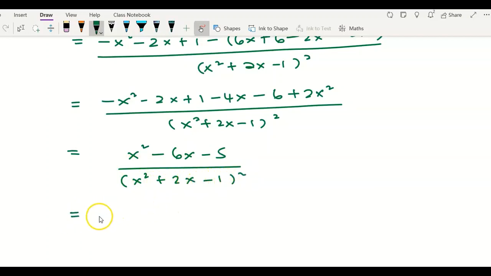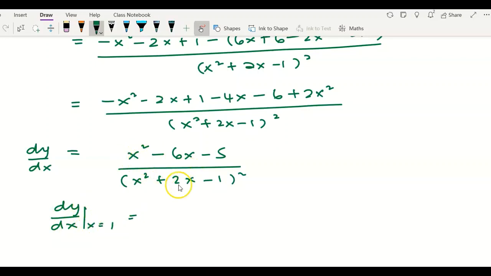Then after that we can see that on top we can actually simplify it. 5, 1, negative, negative, yes, it cannot be factorized. Cannot be factorized means that we'll leave our answer like that, and we are going to evaluate the value of dy/dx. But the question is asking for the dy/dx when x equals 1.